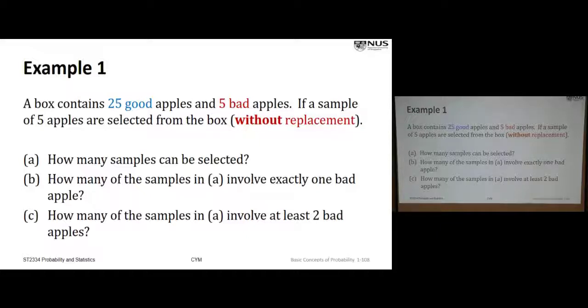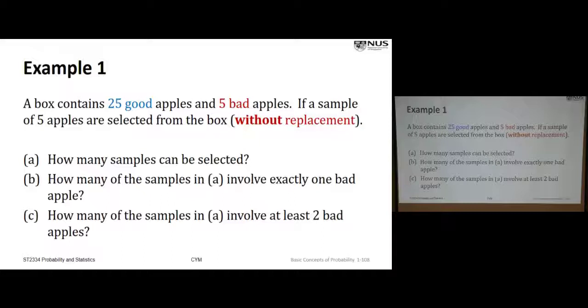We have a box consisting of 25 good apples and 5 not so good apples, and we want to know how many samples of 5 we can select from this box. Basically, it's a selection, a combinatoric or combination problem.